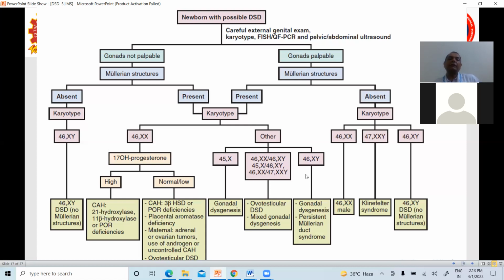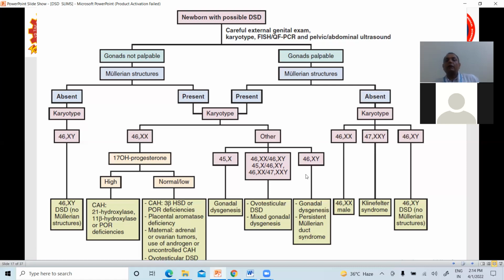Again, if Mullerian structures are present, you go to the same workup. If Mullerian structures are absent, you can go for karyotype. Karyotype can be 46XX, 47XXY, or 46XY. If it is 46XX, you will label it as 46XX male. If it is 46XY, it is 46XY DSD with no Mullerian structures, or it is 47XXY Klinefelter syndrome.